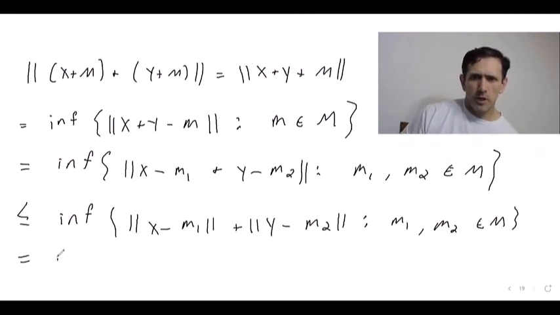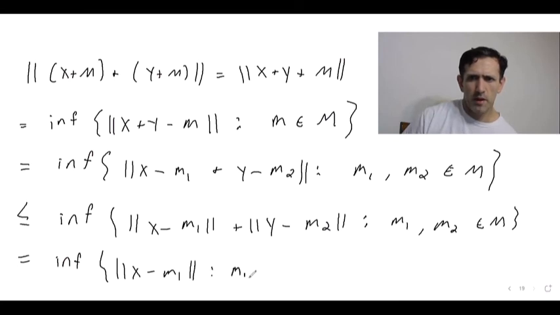So this is going to be equal to the infimum of x minus m1. Or really, maybe just do the definition of infimum, play around with the definition of infimum and check it directly if this is a little confusing.